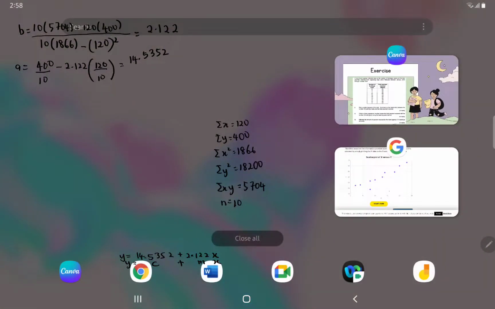So dekat dalam kita punya tadi, 14.53. Sekejap, saya kena padam dulu baru boleh alih. Sekejap saya tulis dulu value dia, takut hilang value macam tadi.